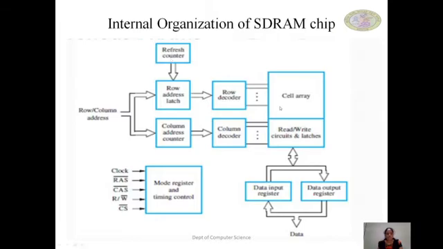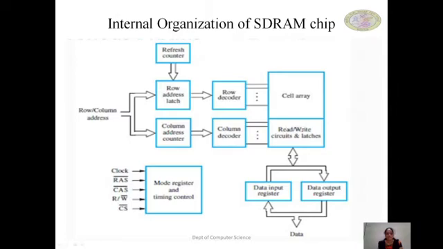The synchronous DRAM has an inbuilt refresh circuit with this refresh counter, which refreshes the cells of a row periodically. As I told, the structure of SDRAM is similar to that of the asynchronous DRAM with some features. That is, it has a refresh counter to refresh the cells of a row periodically. Then it has a column address counter instead of a column address latch in order to generate the required signals.